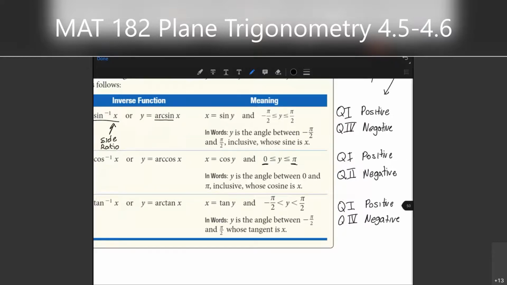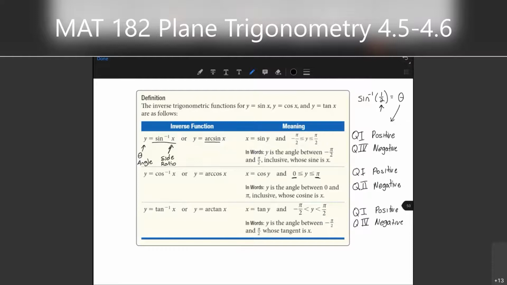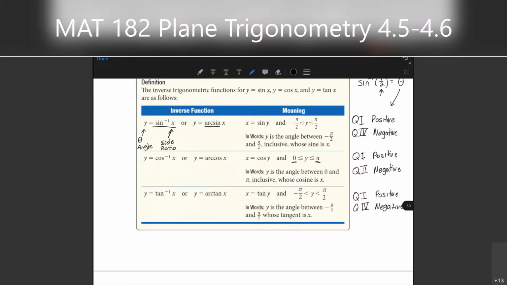So this just helps us to draw our initial pictures for these inverse functions in the correct quadrant. Okay. Any questions with these inverse functions before we jump into the examples?